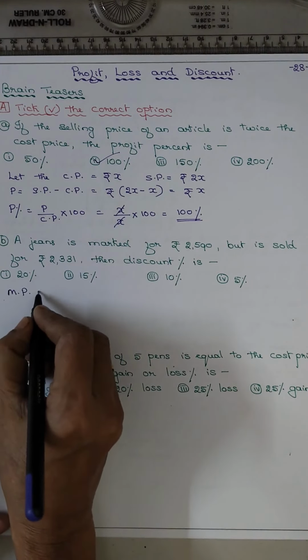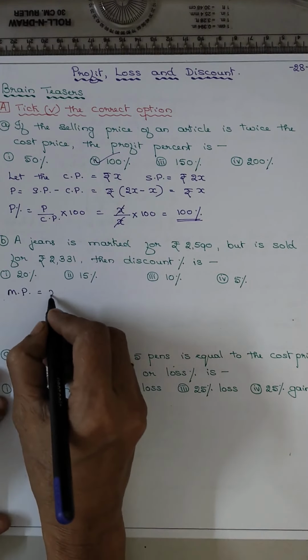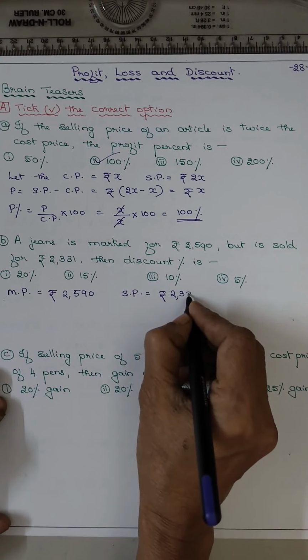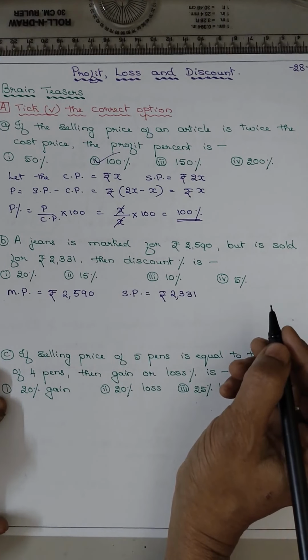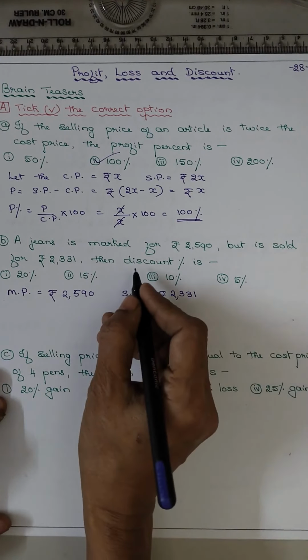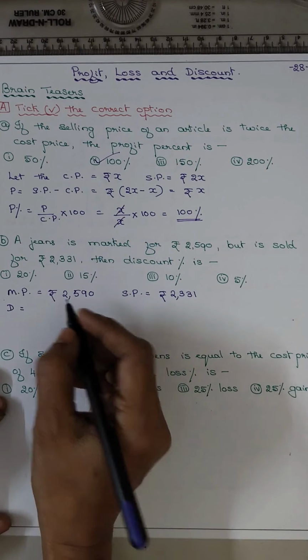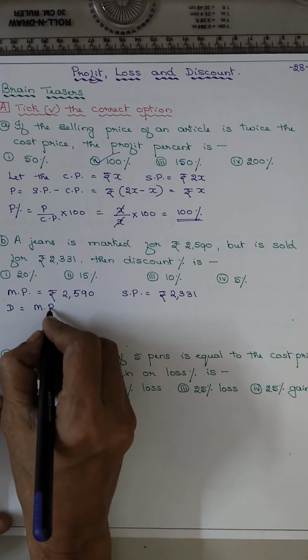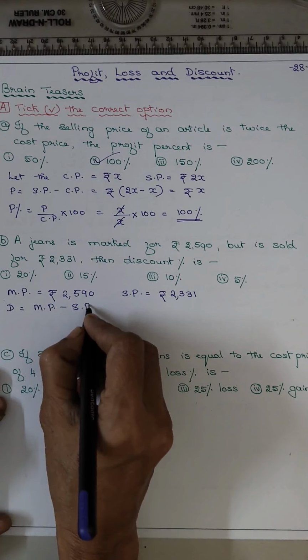MP is equal to rupees 2590. Sold means SP is equal to rupees 2331. Now discount percent. So first you find out the discount. Discount is always equal to MP minus SP.